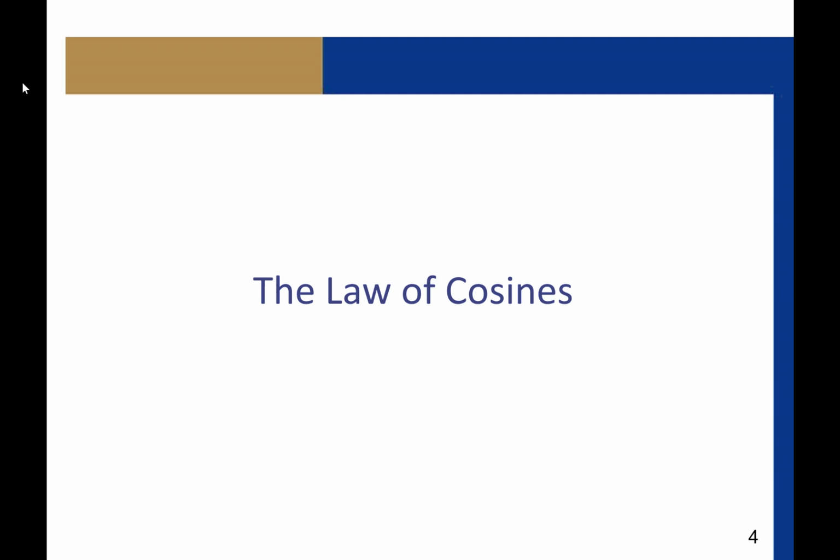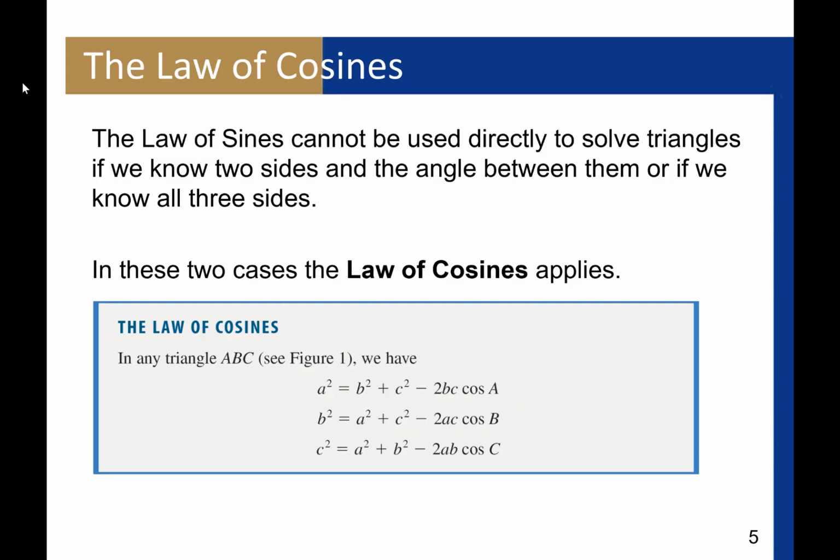Okay, now for the law of cosines, it's a blue box. We're going to pay attention to this, but actually, you're just going to pay attention to one of those. You don't need to put all three of those in your notes because we can adapt. Let's take a closer look here.